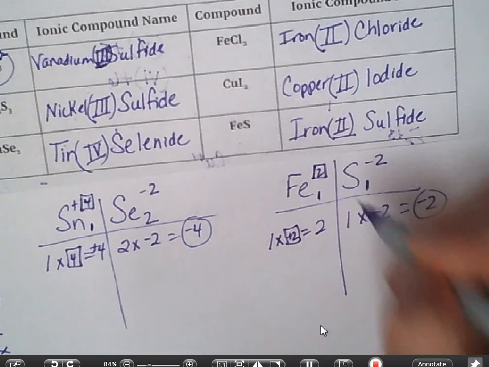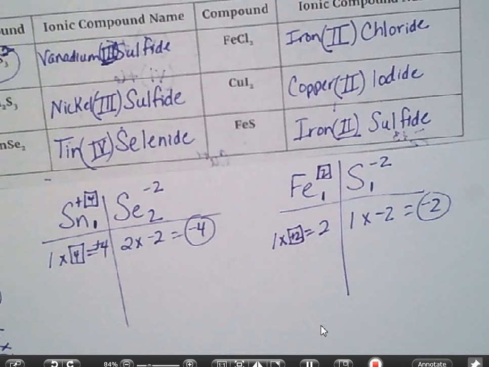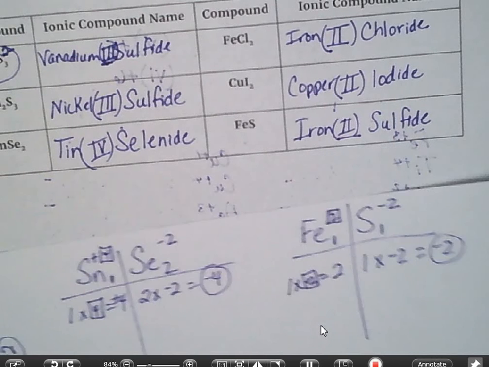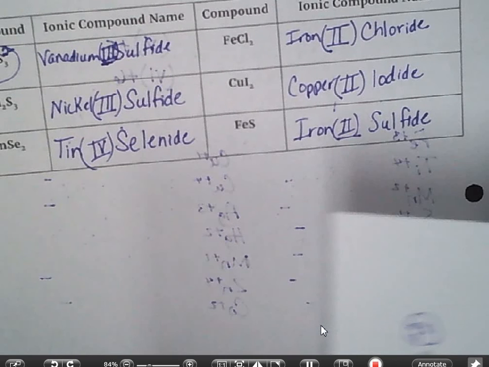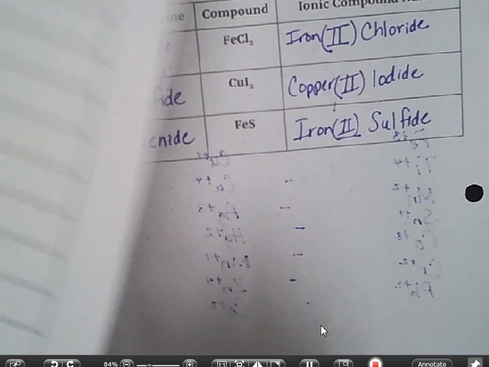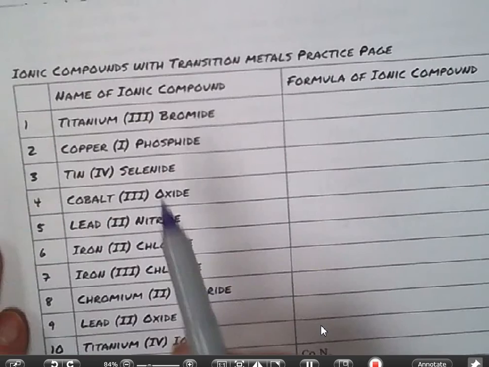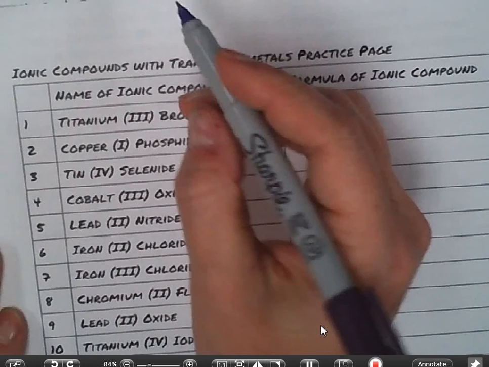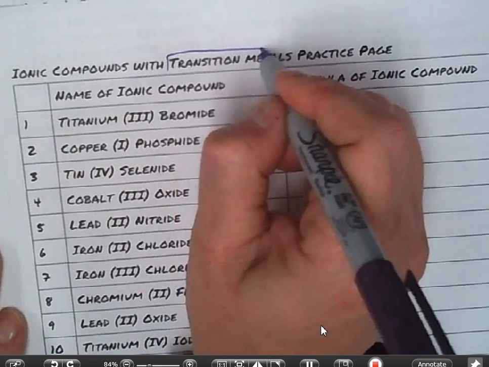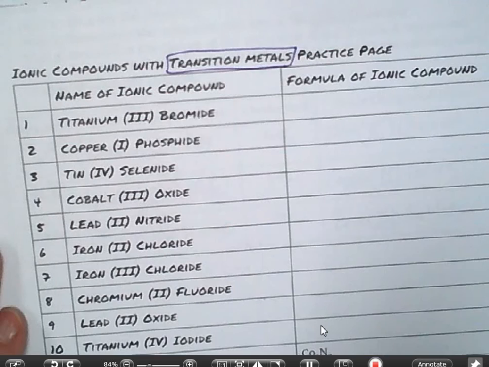All right, so what you have for homework, what we did is this page right here, and it looks very similar to the other page, but at the top it's ionic compounds with transition metals. So that's the difference. The other one was just ionic compounds, basic practice. So we're going to complete this, and I've got the answer key for when you complete it.